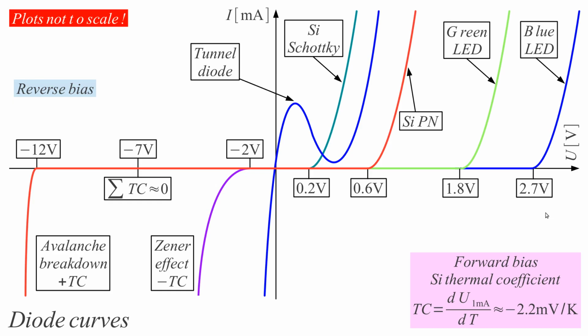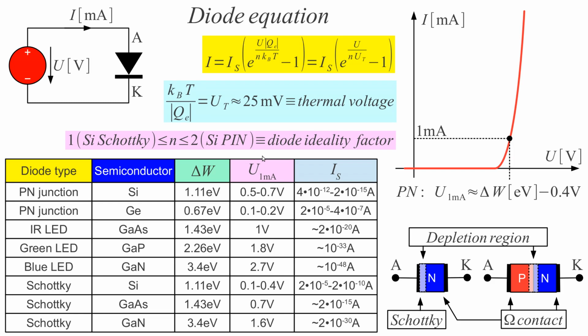How do these curves look? On this plot we have voltage on the horizontal axis and current on the vertical axis, and we do not have any action except here in the forward region. In the forward bias region, we put forward bias on the anode. This is metal in a Schottky diode, or P semiconductor in a PN junction.